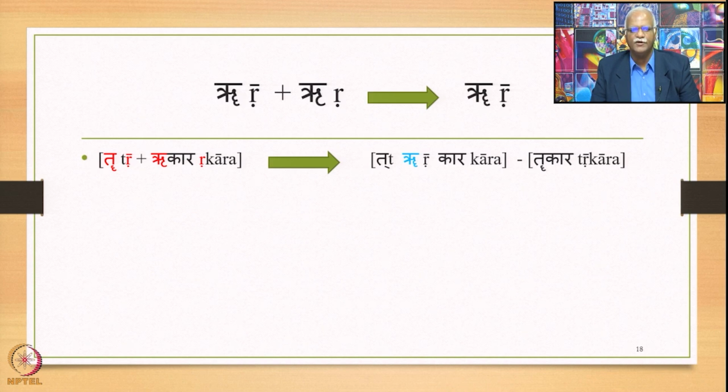So if you have to refer to the rukara of tru, let's say, you will have this compound tru plus rukara. And in this compound now you have long ru followed by short ru. In this particular case, because this is a samasa or compound, samhita is obligatory, 6-1-101 applies and the output generated is the rukara, that is trukara.